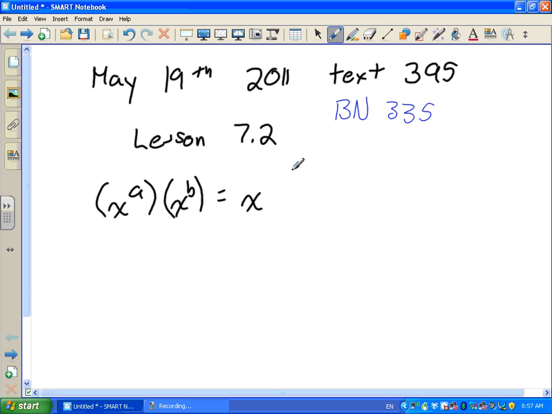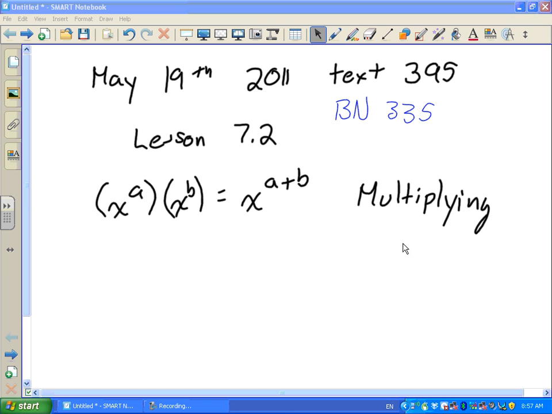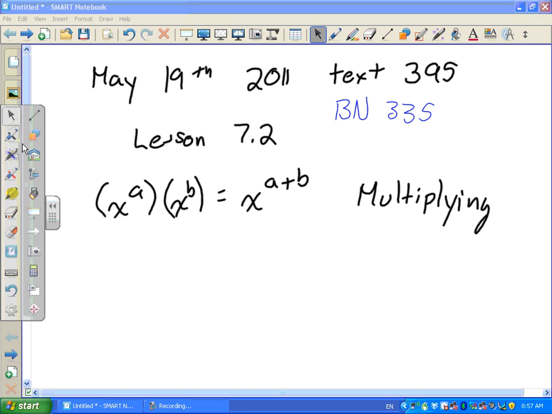No? You add them. Very good. I take a plus b. Okay? That's our multiplying rule. That's our law of multiplication of exponents.